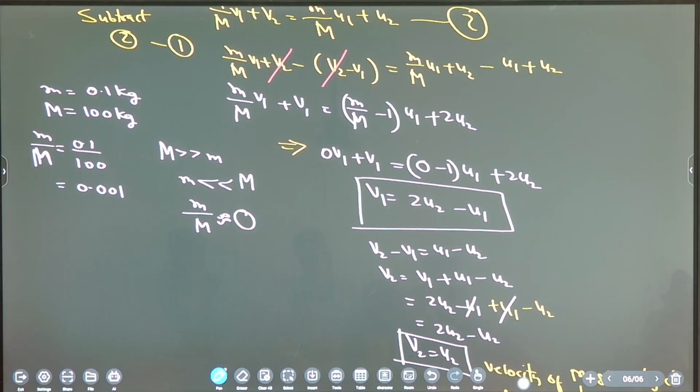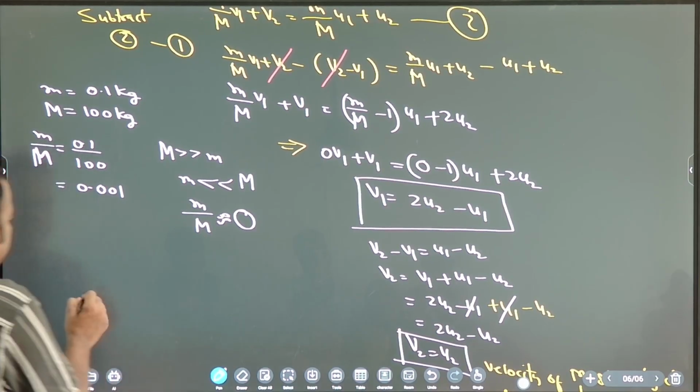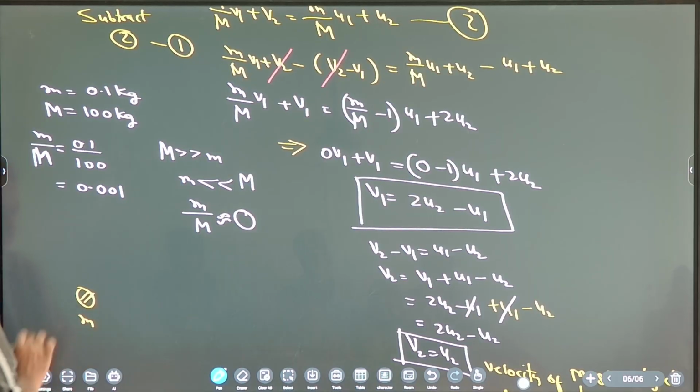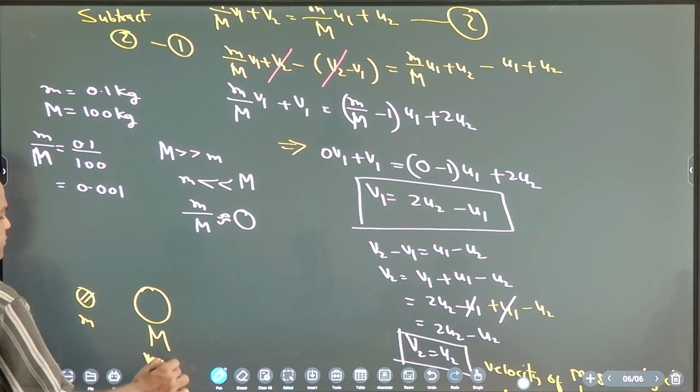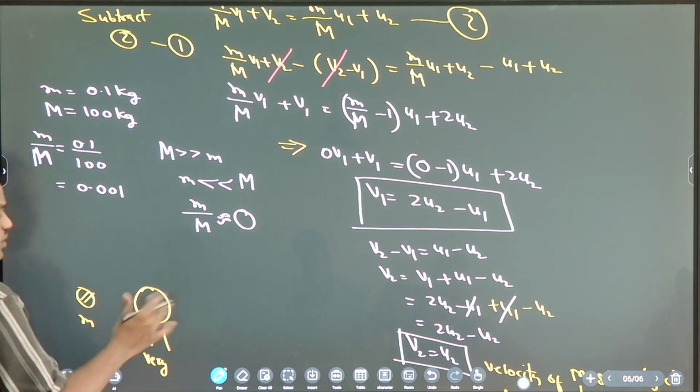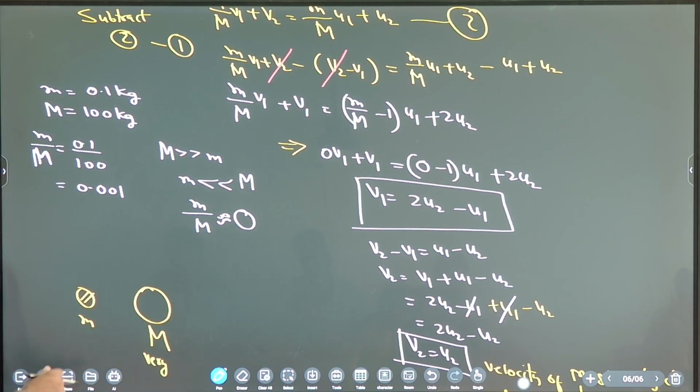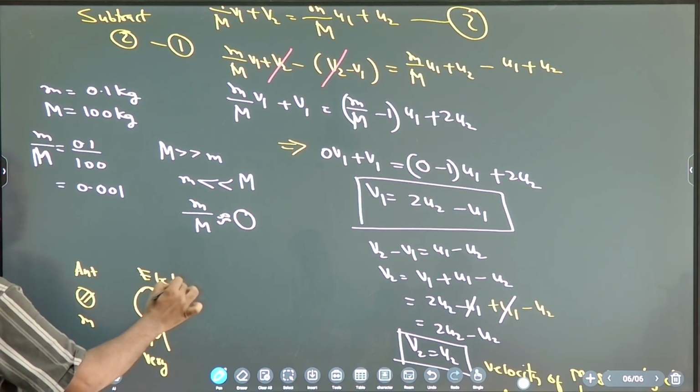You can memorize it like this: first object small m, second object capital M, very large, like a truck, or you can say an ant and an elephant.